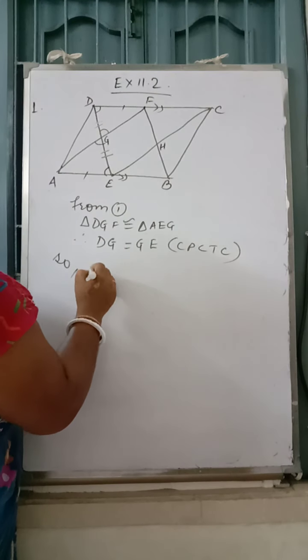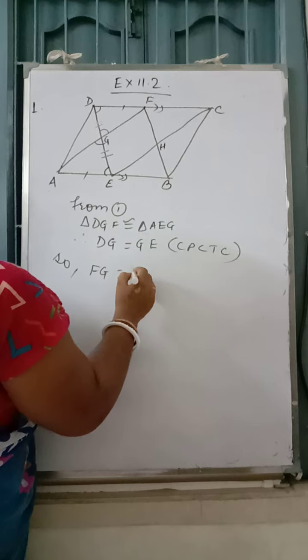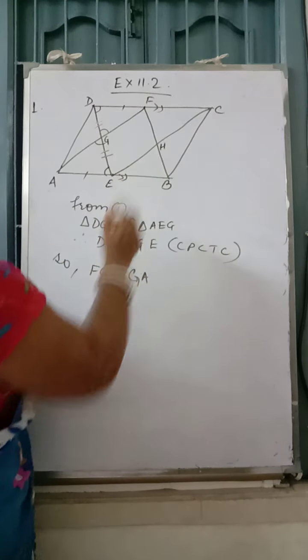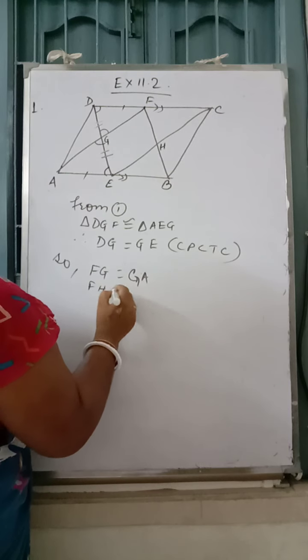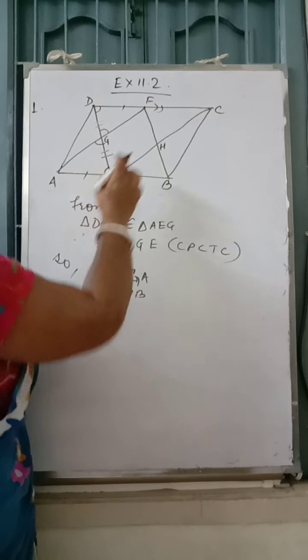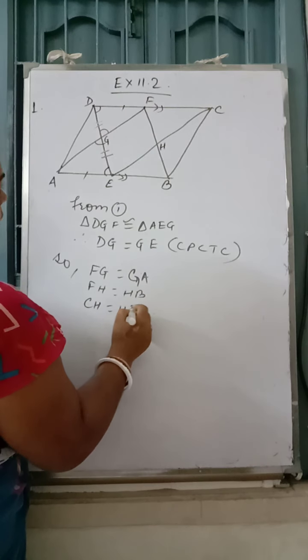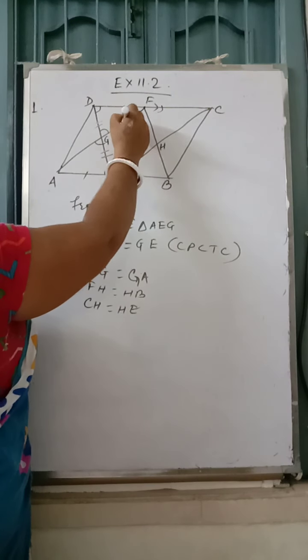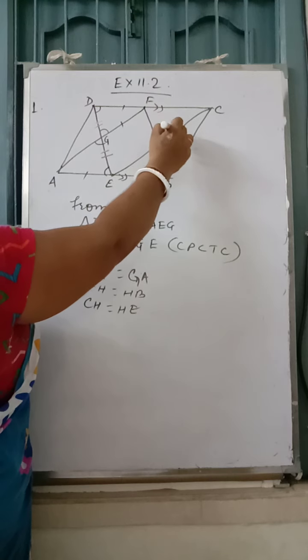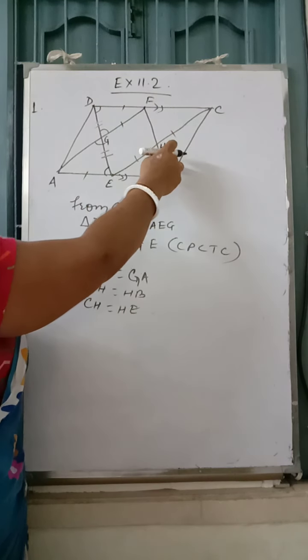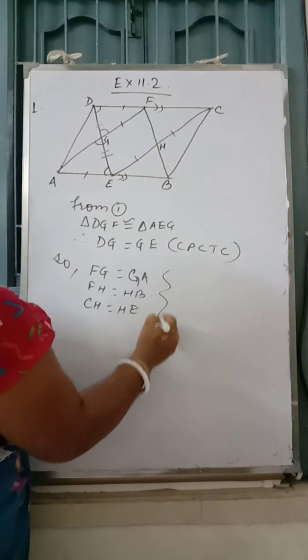So FG is equal to GA, FH is equal to HB, and CH is equal to HE. Why?